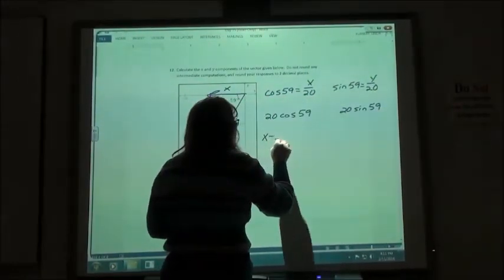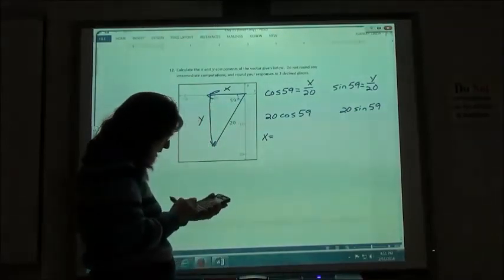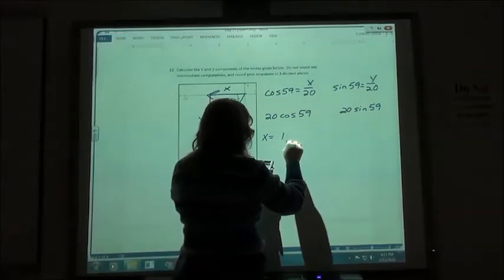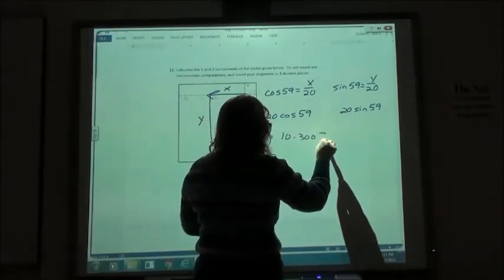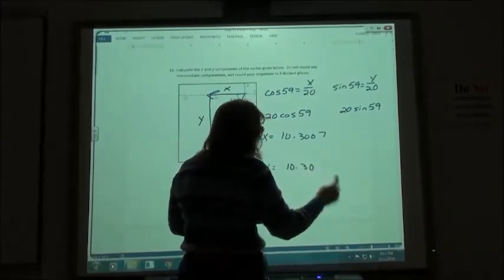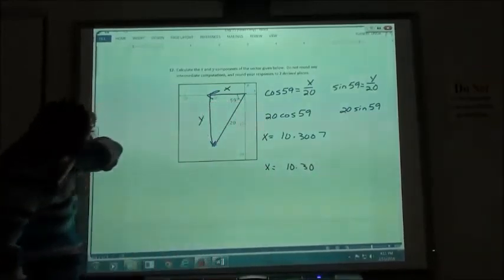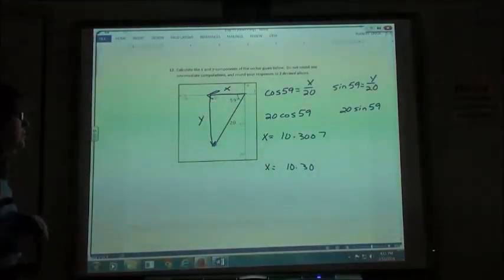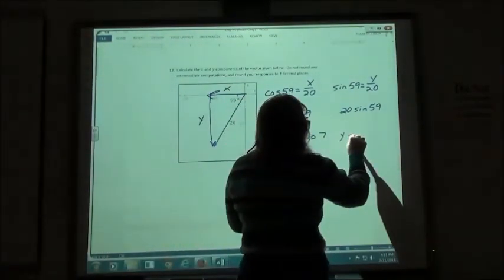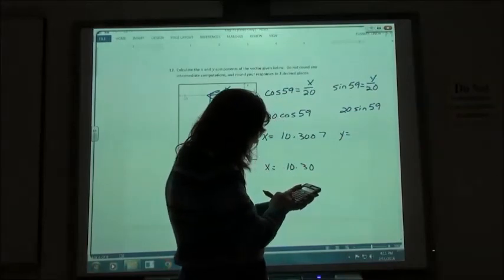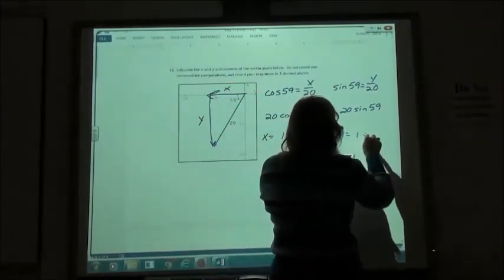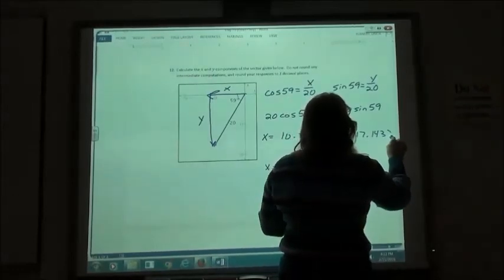So 20 times the cosine of 59 and 20 times the sine of 59. So for x, 20 times the cosine of 59 gives me 10.3007, so 10.30, rounding that off to 2 decimal places. Y is going to be 20 times the sine of 59, 17.1433.